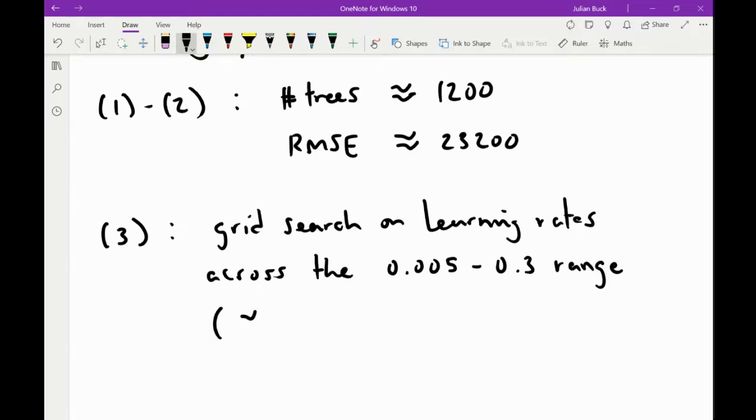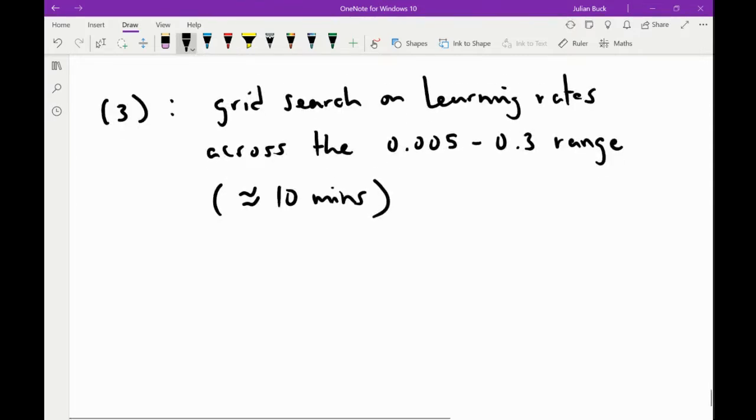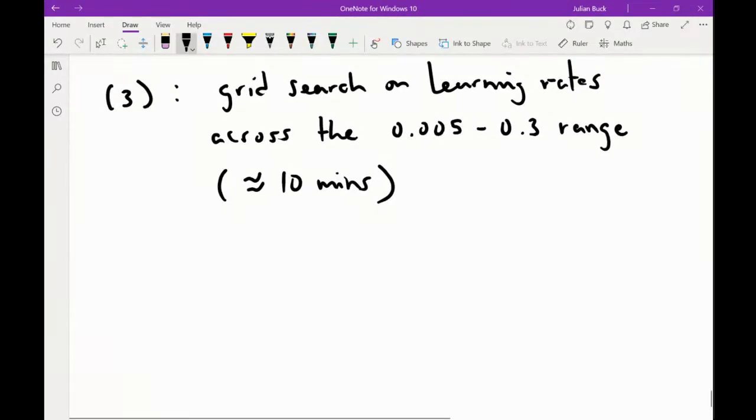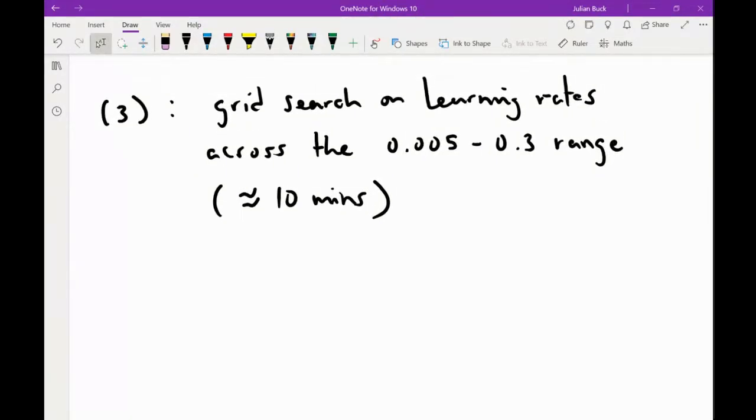And this takes approximately 10 minutes. This is with whatever computing setup the textbook has, which I think is pretty similar to mine, because I've repeated some of this and it takes about the same amount of time.